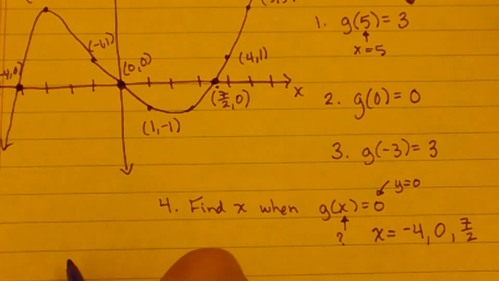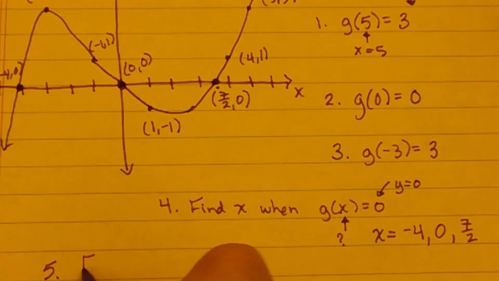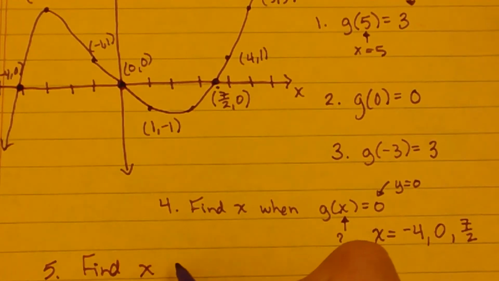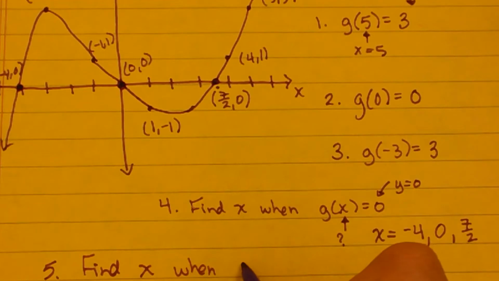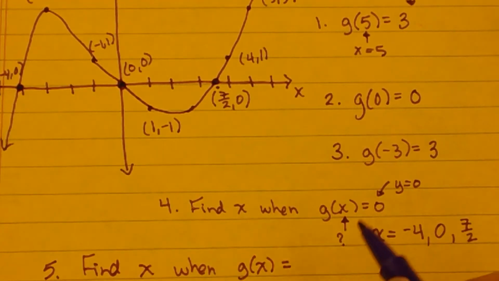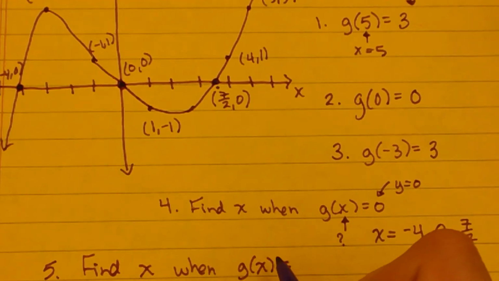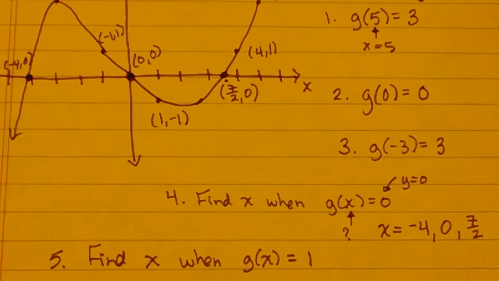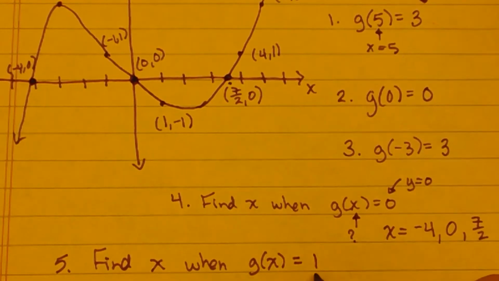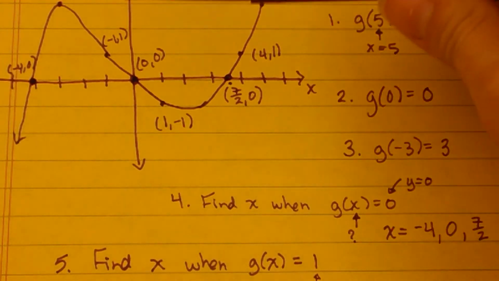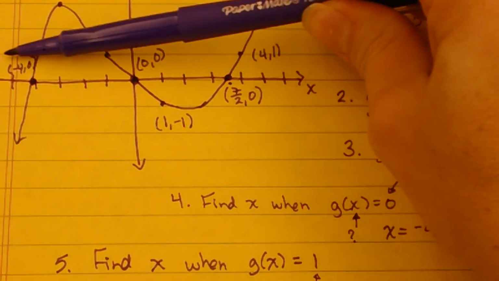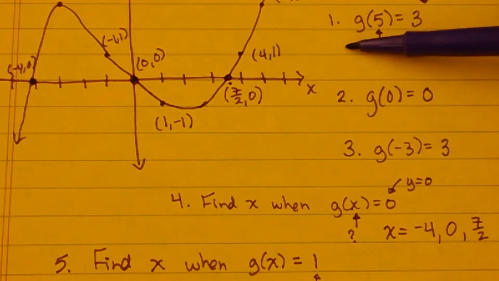Let's try another one like that. They tend to be tricky. Find x when g of x equals 1, let's say. So we want to look at the graph. This means the y value is 1. So I'm looking everywhere that y is 1. So along that horizontal line, y equals 1.